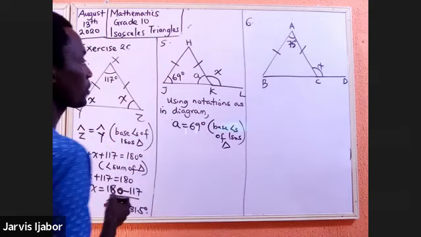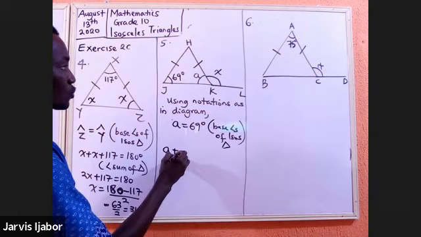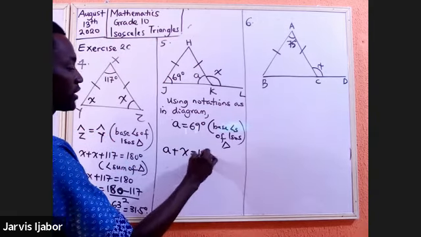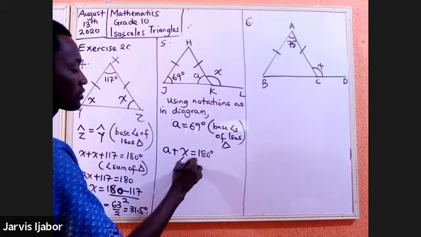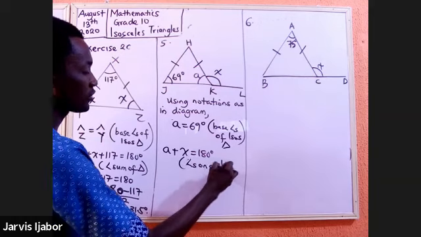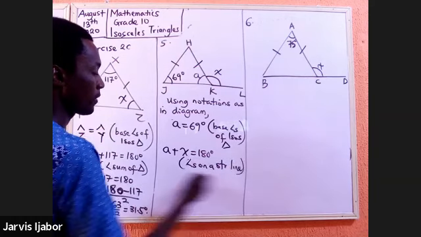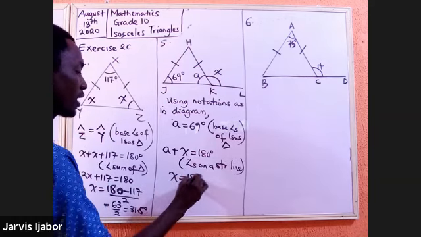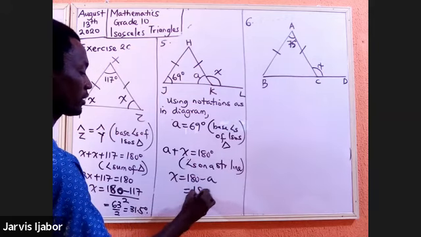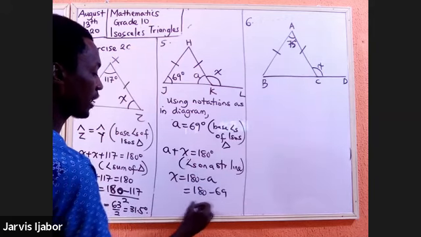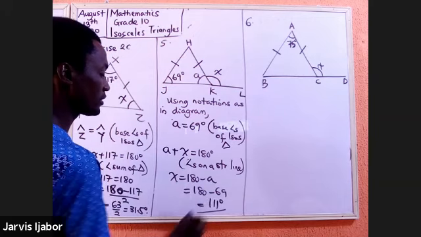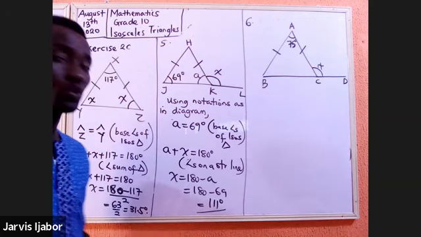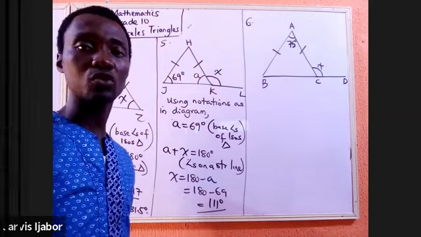So from here, A plus X will be equal to 180 degrees. Angles on a straight line. So which means that X will be equal to 180 minus A, and that will be 180 minus 69, which is equal to 111 degrees. All right, that's where we'll stop for today, and we'll continue tomorrow from here.